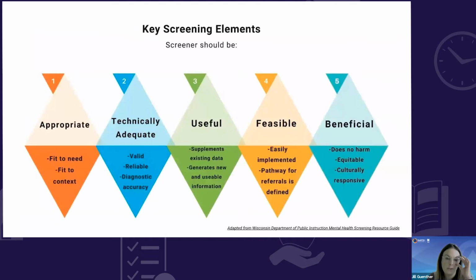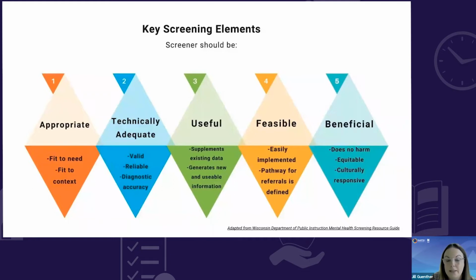This is just some good reminders around those key screening elements. So making sure that the screener is appropriate, so it's fitting that need, and it's really fitting the context, that it's also technically adequate. So thinking about that validity and reliability. That it's useful.